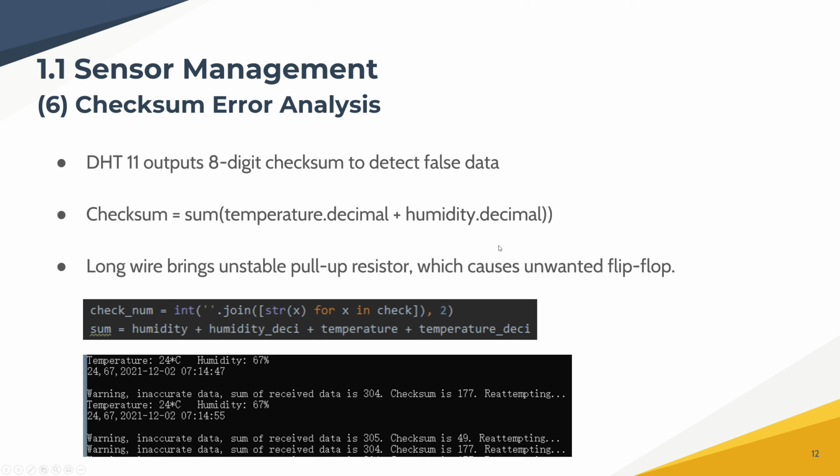The reason is mainly that this kind of wire connection has some unstable pull-up resistor, which gives a lower pull-up voltage than we require. In this case, since it's an analog circuit, the voltage changes may easily be flip-flopped.